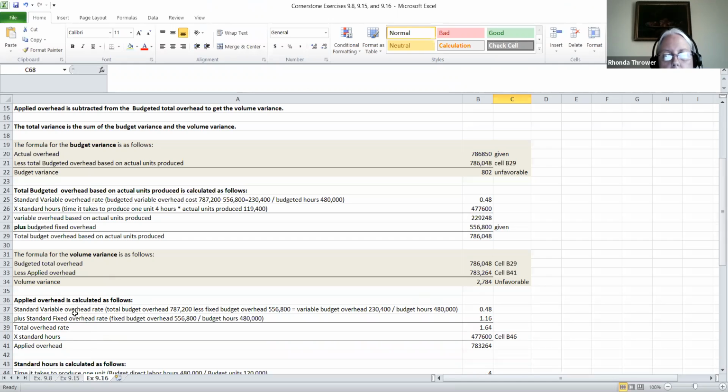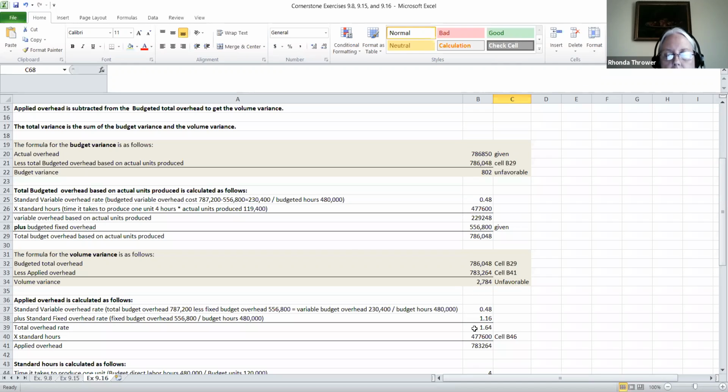So we're going to take the standard variable overhead rate, and this shows you how to get that. You might remember from the last problem, it was 48 cents, plus the standard fixed overhead rate, which is your fixed budget divided by your budgeted hours, which will give you $1.16.